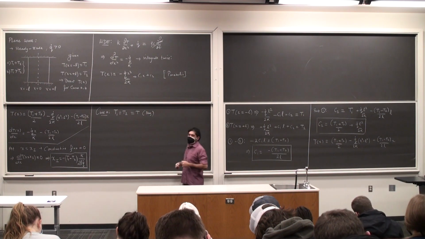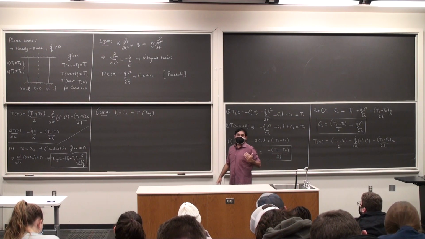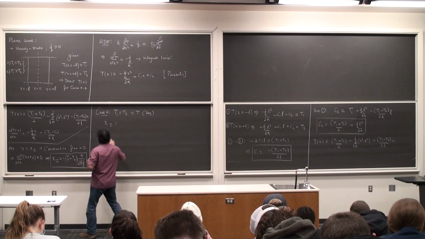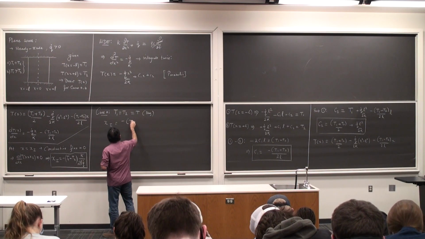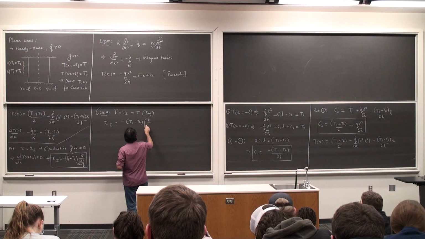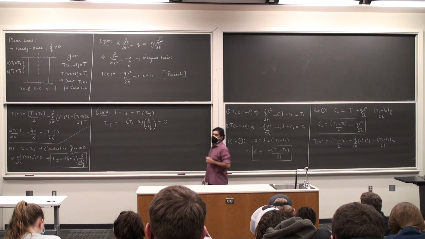Let's say that this is some temperature T. I first find out the value of xi. For case A, this is minus (T1 minus T2) times something equal to 0.